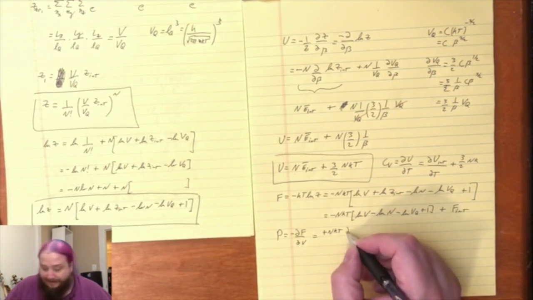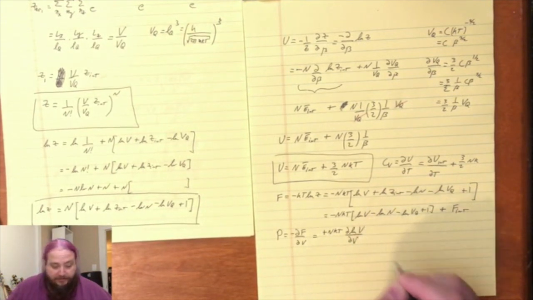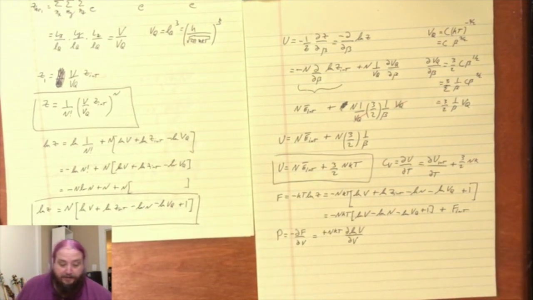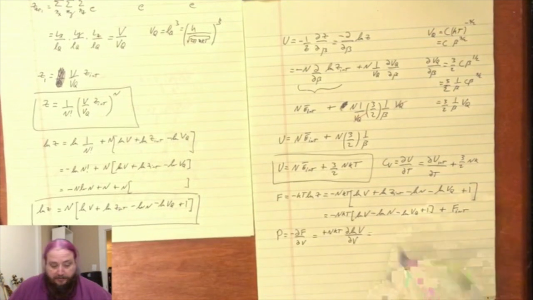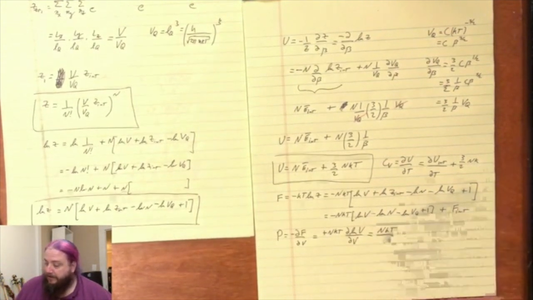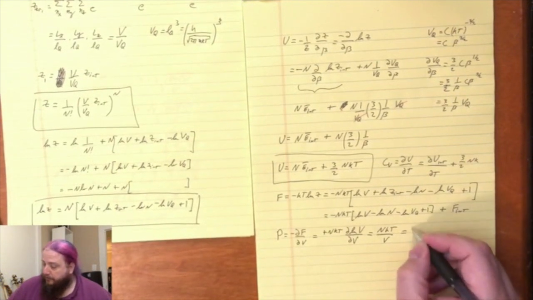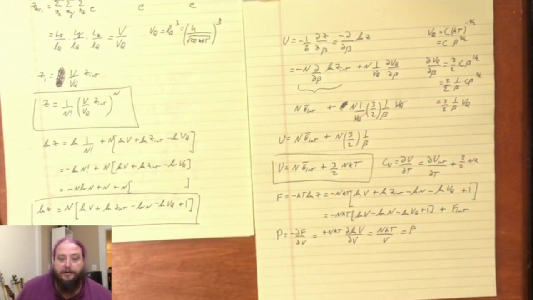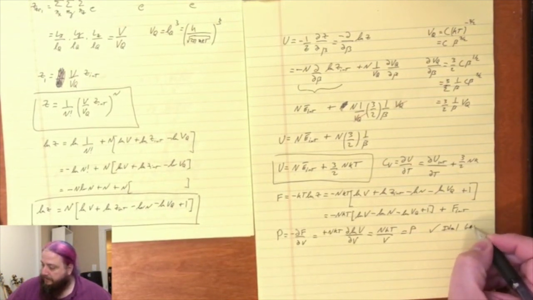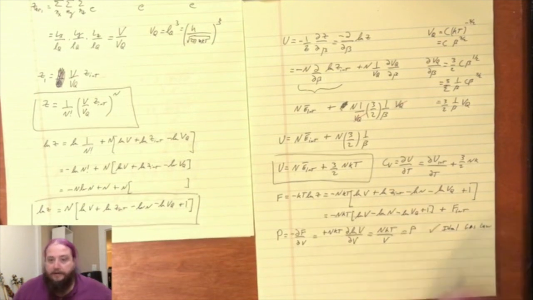So d log volume/dV. None of the other terms explicitly depend on volume, and so this is nkT over V equals pressure, or in other words, we've rederived the ideal gas law. Check. All right, hooray.